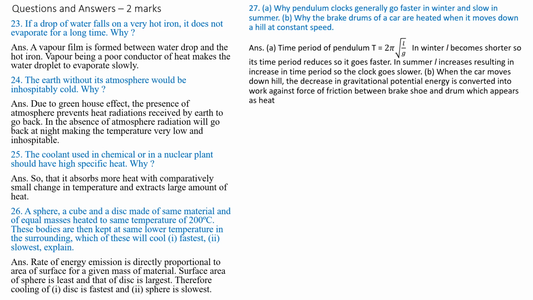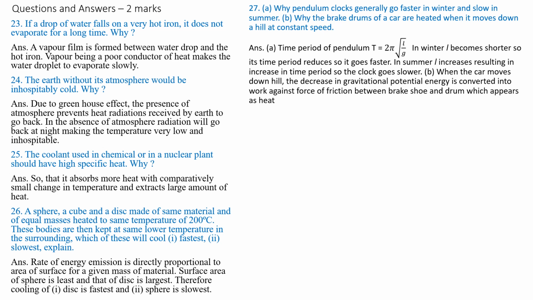Part A: the time period of pendulum is given by the relation capital T equals 2 pi into square root of L by g. In winter, L is shorter, so its time period reduces. And in summer, L increases, resulting in increase in time period. So the clock goes slower.